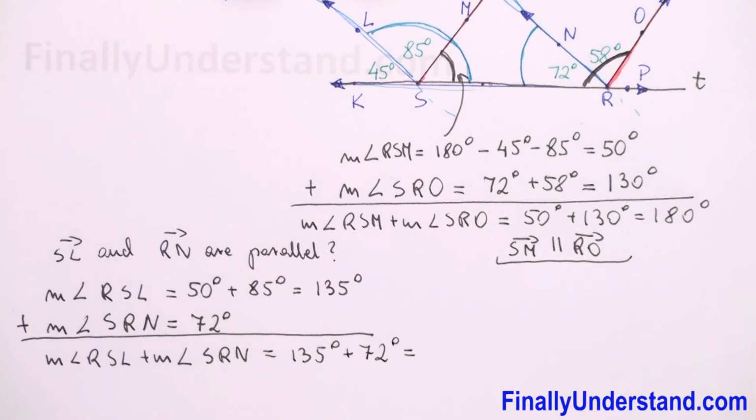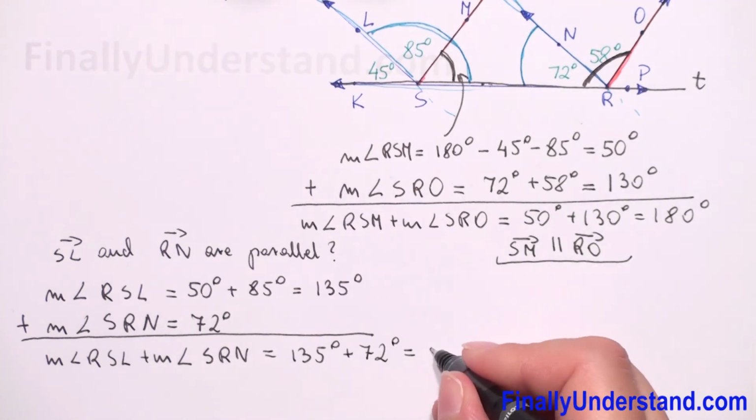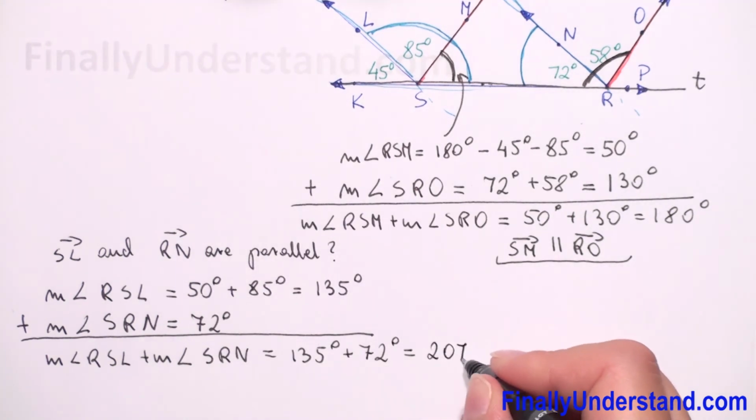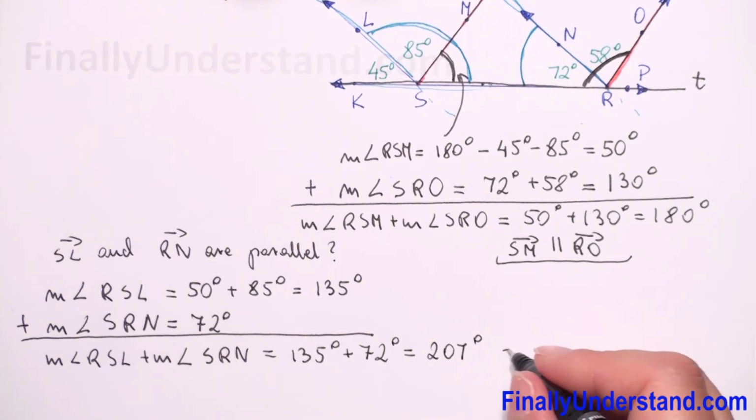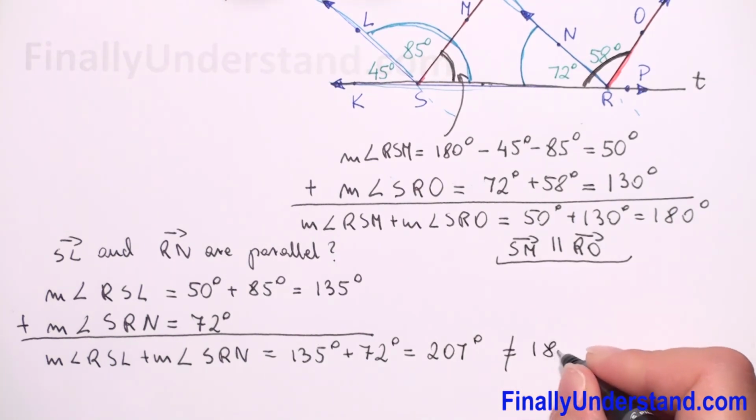This is equal to 207 degrees. This is different than 180 degrees. It means that our rays SL and RN are not parallel.